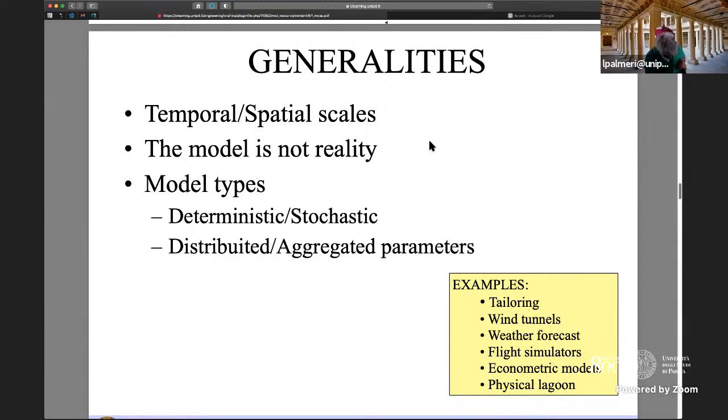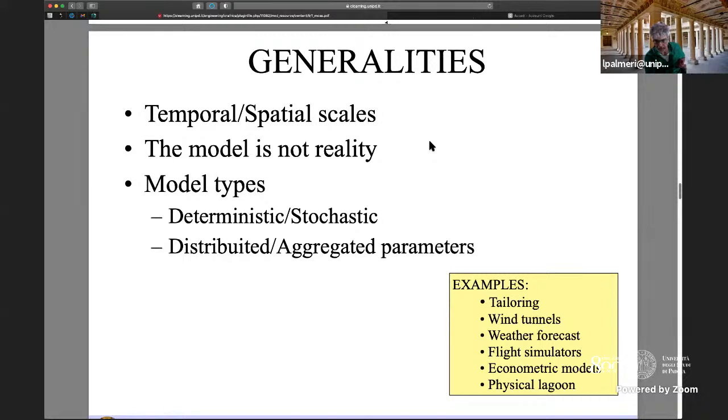So you employ wind tunnels, which are physical models in which you study a physical phenomenon, how air passes around cars, in order to optimize the object we are going to build, the shape of the car.